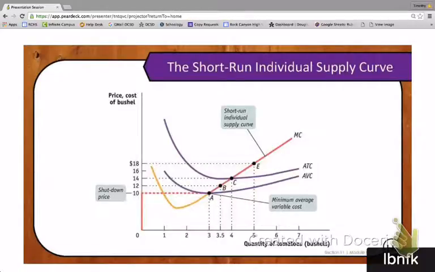So the firm's individual short-run supply curve is its marginal cost curve above the point that represents the shutdown price. And so in this case, the supply curve would be the marginal cost curve from point A upward. Below that point, there would be no supply.